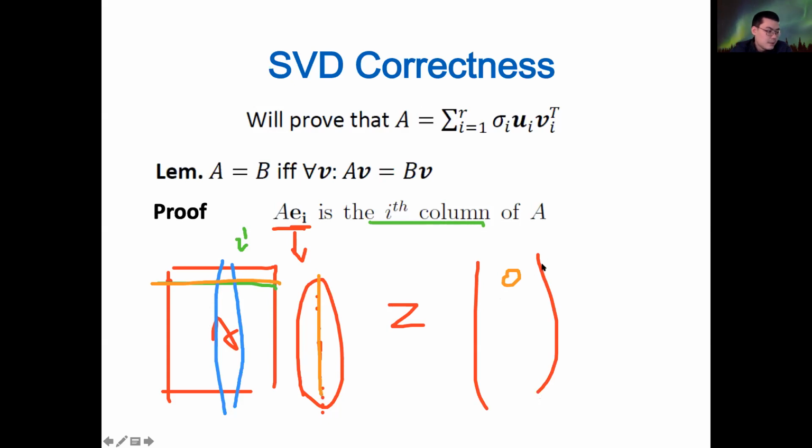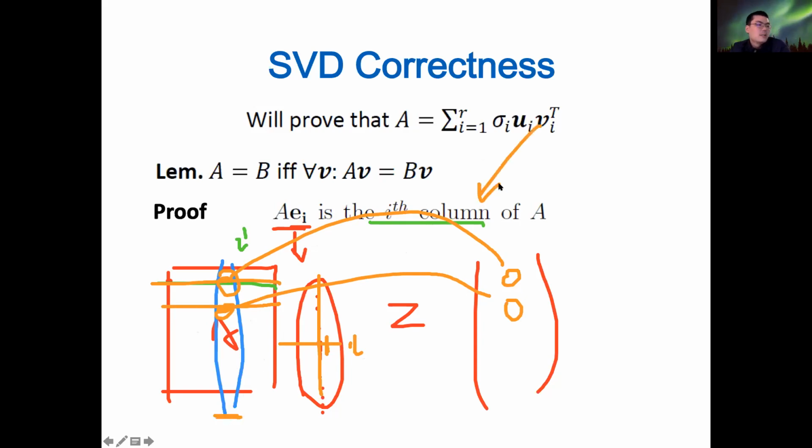But the other locations are 0, and only the ith is 1, which means this value is exactly this value. And let's look at the second row. The second row times this column gives the second row's value, and again the other values are 0, only this value times this 1. So this value is this value. And you can show that after the multiplication, this is really the ith column. This is the conclusion.